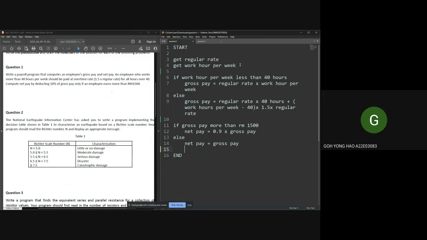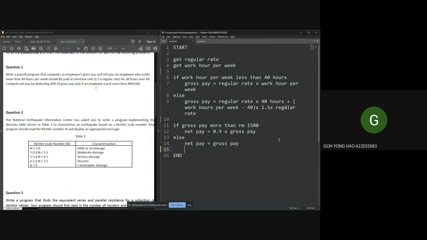However, or else, gross pay will be the regular rate times 40 hours, and we add the remaining hours, which is work hours per week minus 40. That will be the hours after 40 hours multiplied by 1.5 times the regular rate.